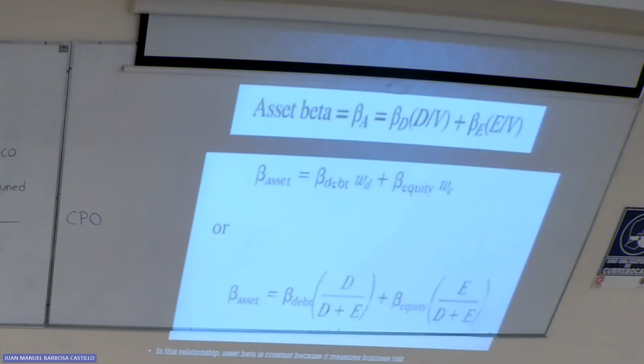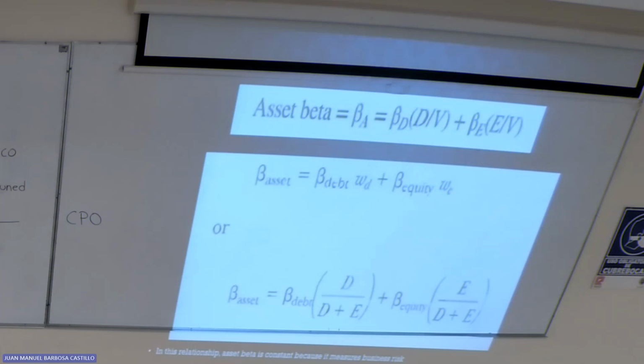I repeat, because asset beta is a weighted average of the market risk of the debt and the market risk of the equity, and many times the debt beta is 0, that makes equity beta larger than asset beta. If you do the math, it has to be that way, right? Okay? Do we agree? That would be for the same company under the same conditions, right?